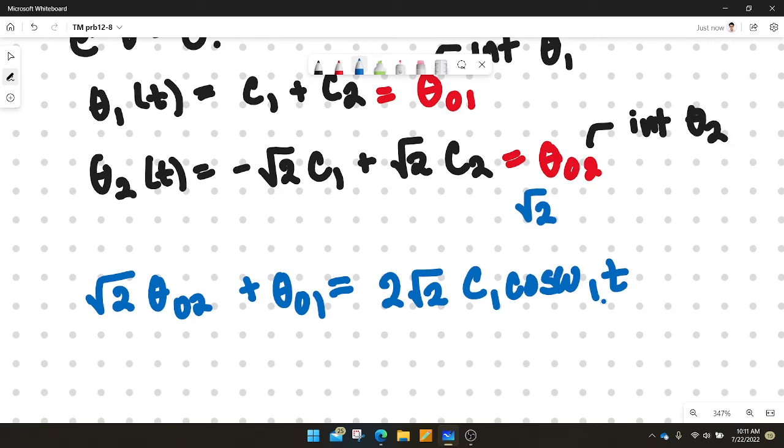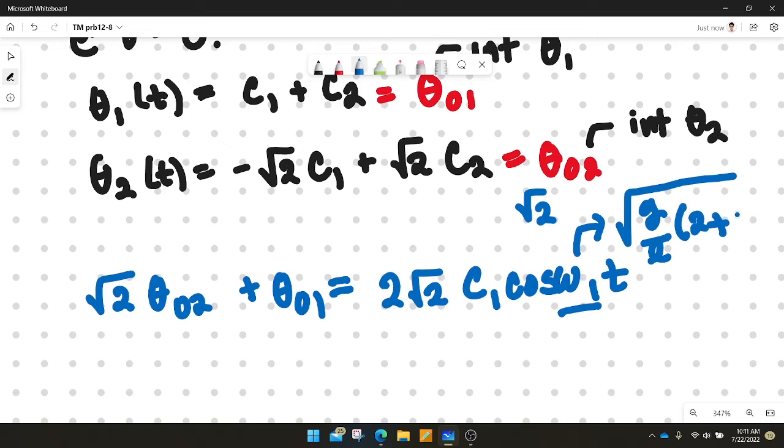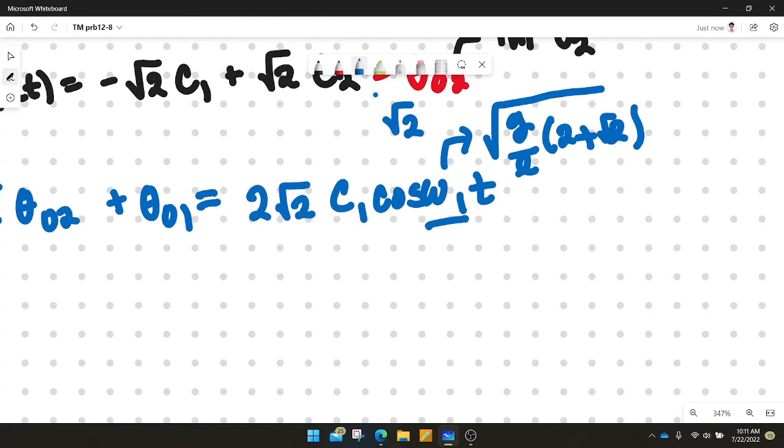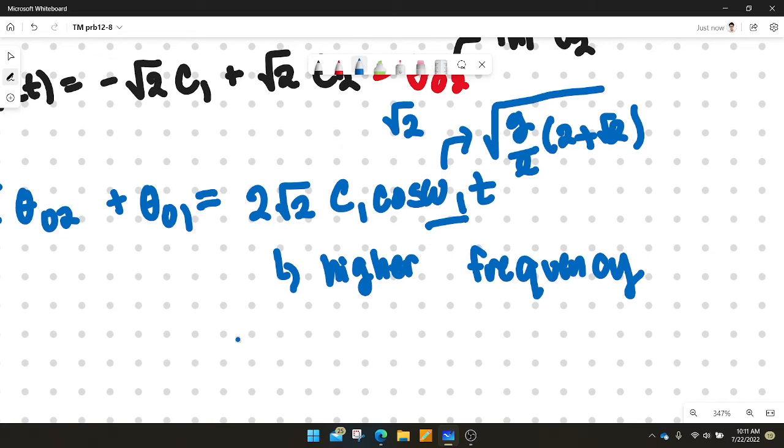If you can recall, this is our square root of g over L times 2 plus square root of 2. This is the higher of the angular frequencies. Between omega 1 and omega 2, omega 1 is higher. So this is our higher frequency.